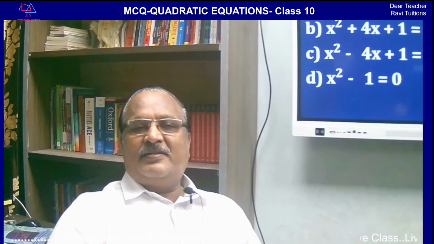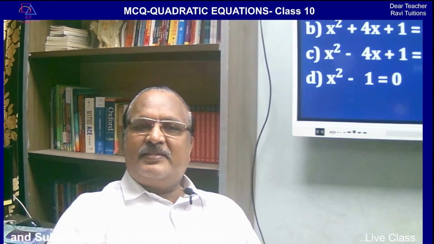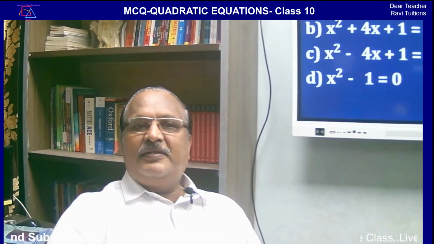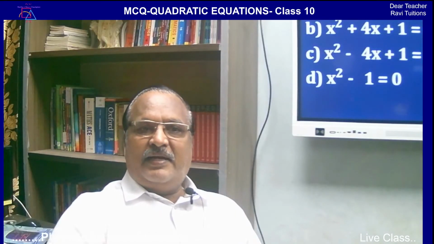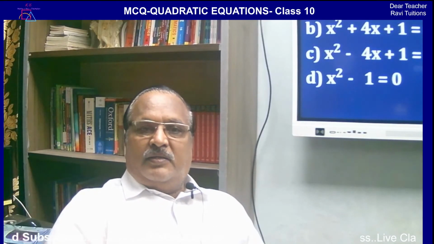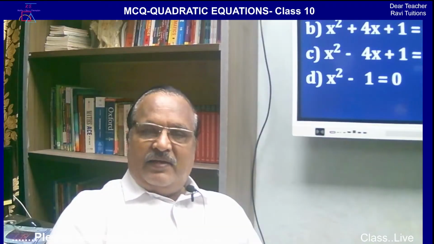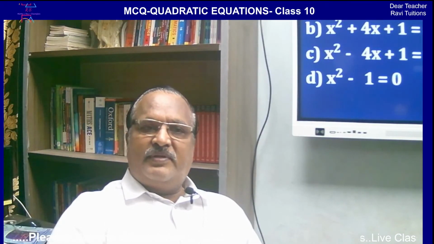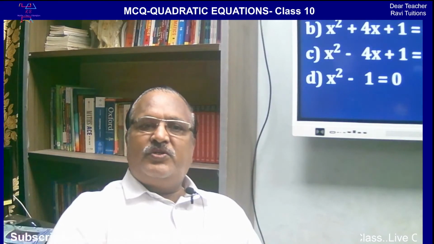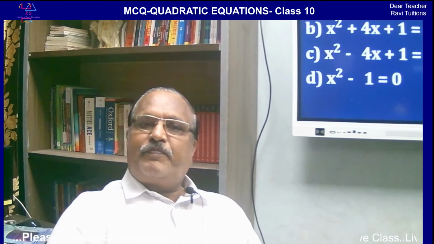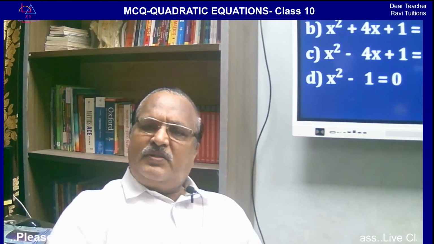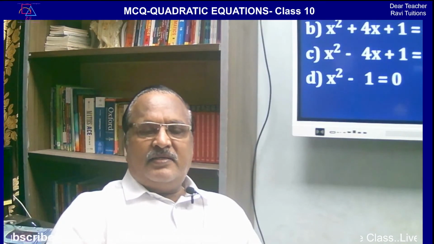Previously there was a method of completing squares, and that is removed, that is not there at this time. Then finding the discriminant, and depending on the nature of the discriminant, the nature of the roots. And there are some problems of finding k. So these are the only things in quadratic equations.